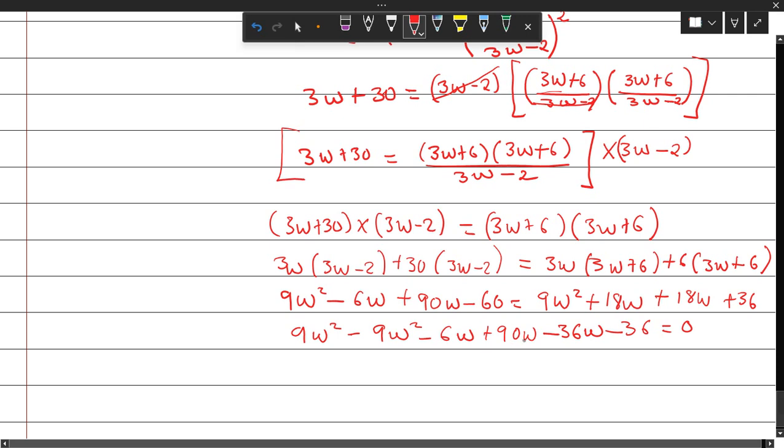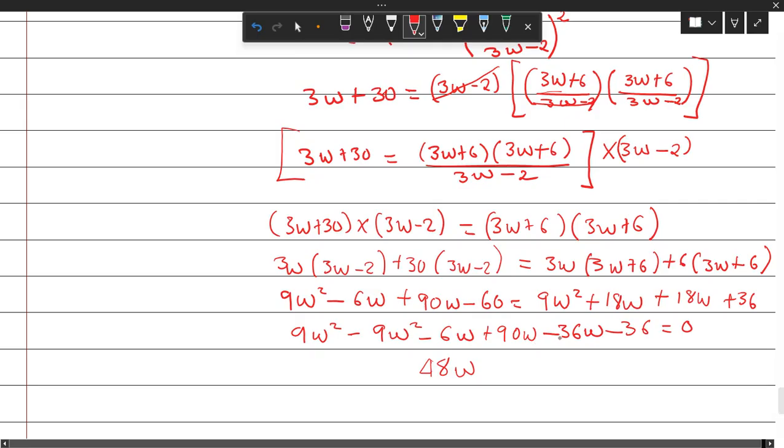What's the answer? 84. 84 minus 36 will have 48, 48w. So there is 0 here. It was even better leaving 36 this side, since it's not adding to anything.